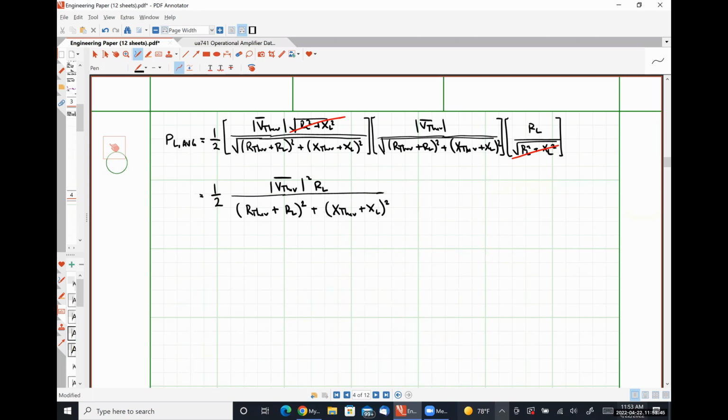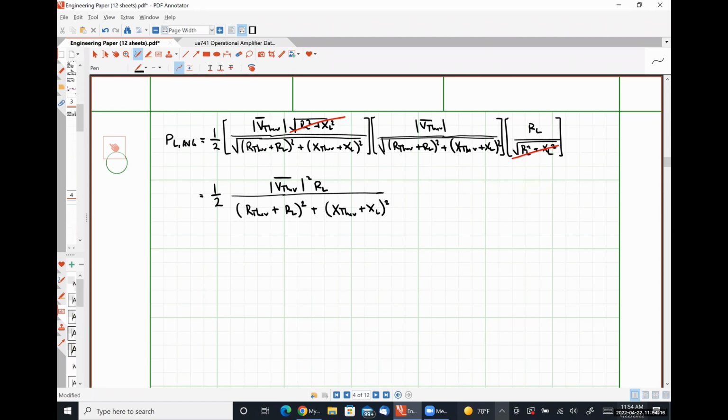Now we need to figure out when maximum power transfer occurs. So let me ask you guys a question. What does the reactance in this expression do? Right, having any reactance whatsoever causes our average power to decrease because it only appears in the denominator.